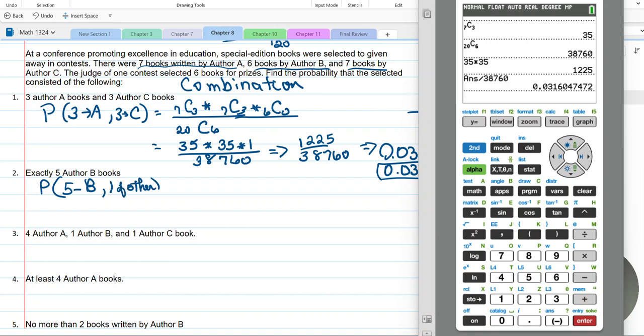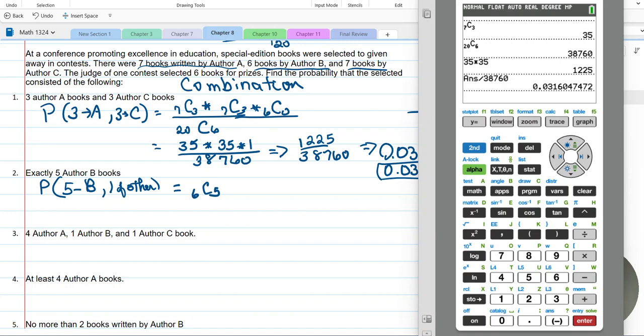All right, so, okay, we're going to do this one. So we're going to say combination. The B book is 6. And if we take 6 from the 20, we have 14. Or we do them separate.